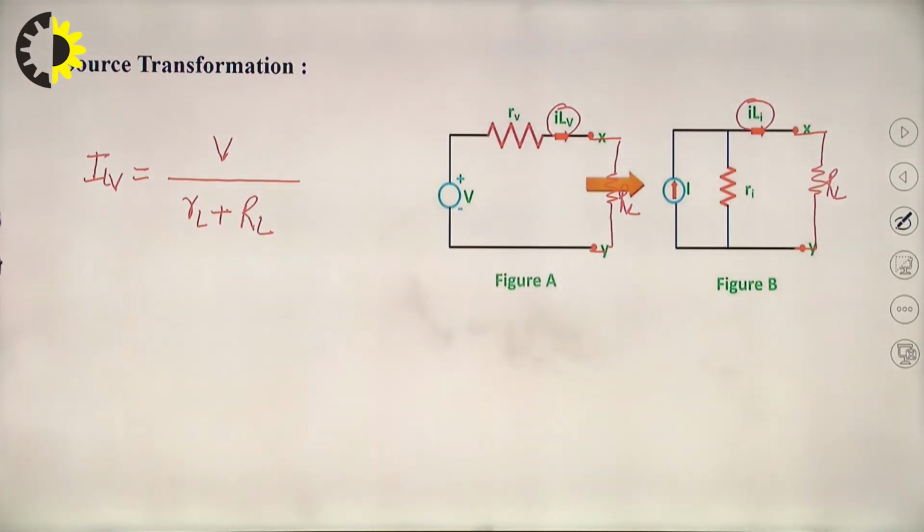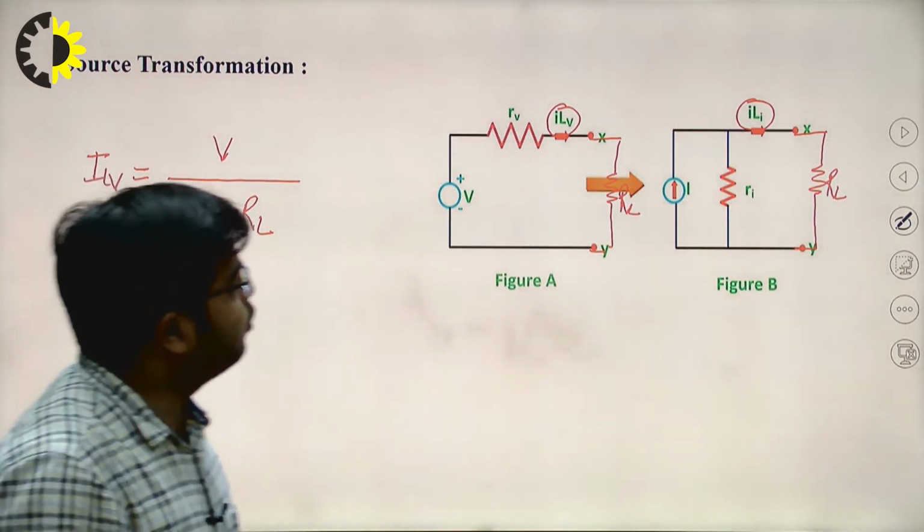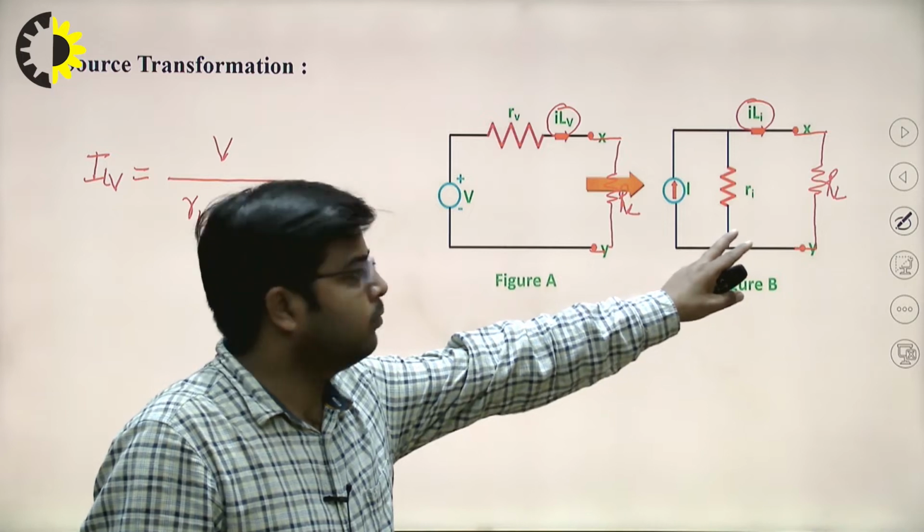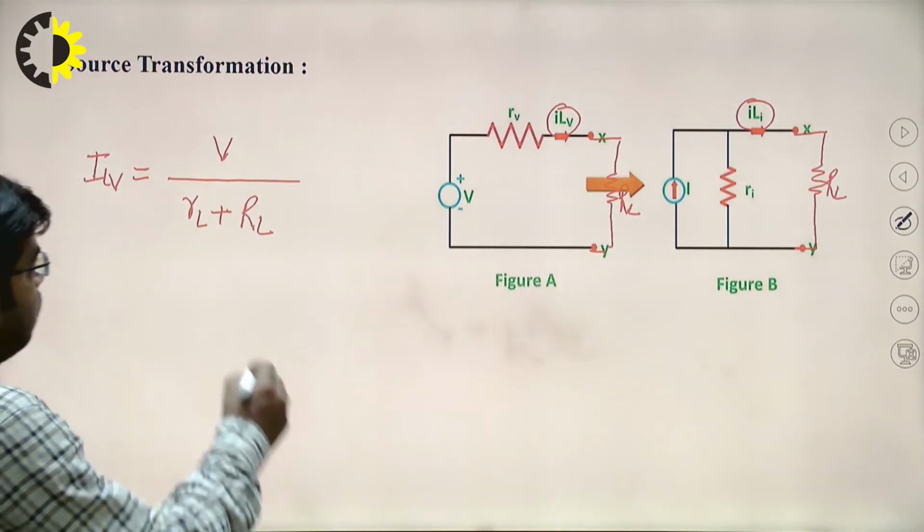Okay. Then you can use the current division rule here.